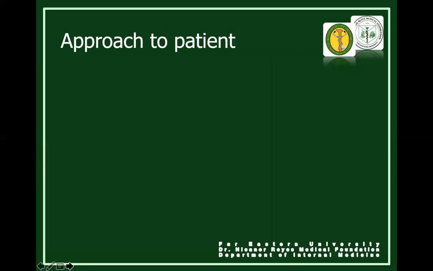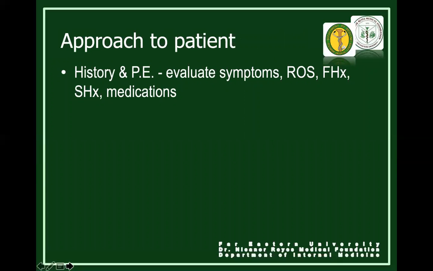Okay. So how do you approach a patient with possible pituitary problems? The importance of history and physical examination should be emphasized. You have to evaluate symptoms mainly because the symptoms of a pituitary function are very generalized. It can be seen in other illnesses, okay?